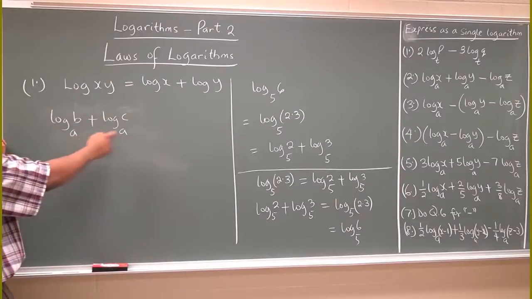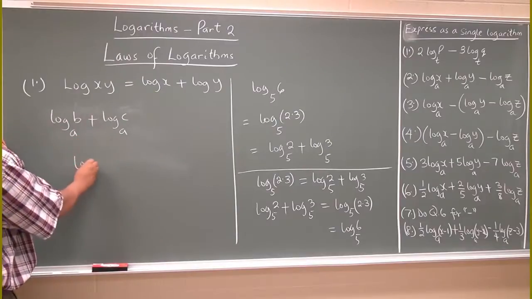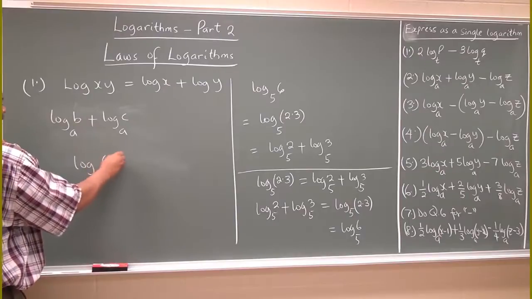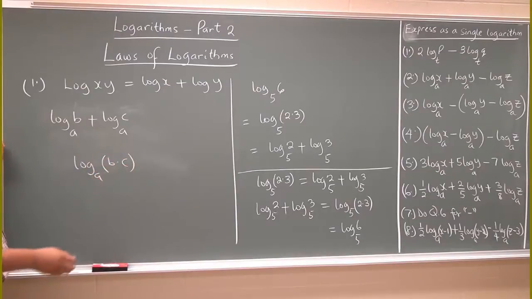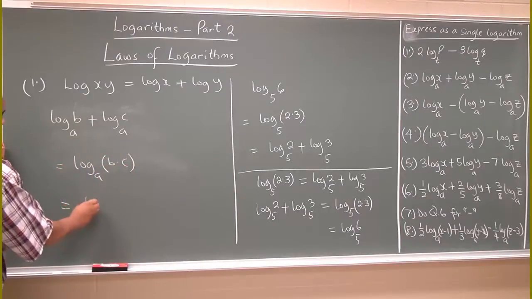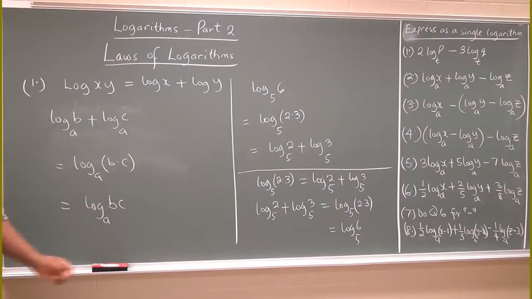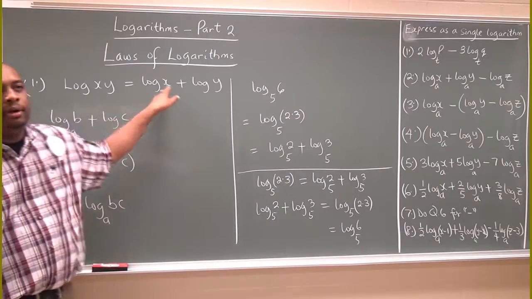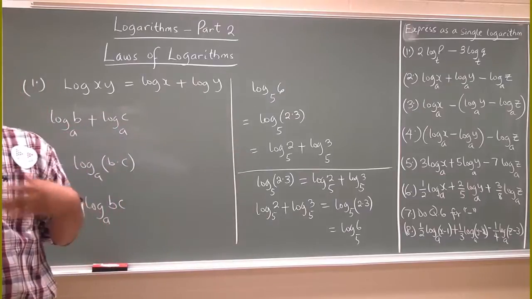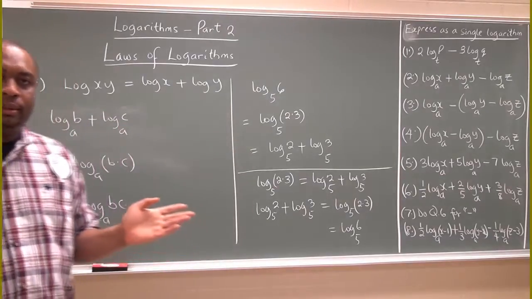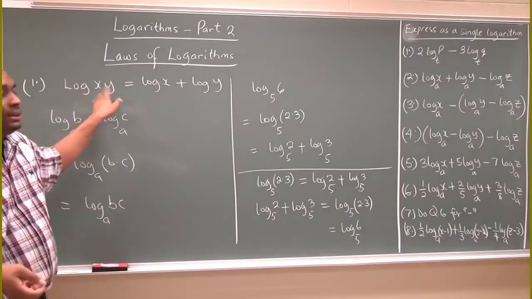Because this is base a, this is base a, you bring down base a, and this will be b times c. And this will now give you log bc base a. So that is the first law of logarithm. Log of the product will be the sum of the log of the individual elements.